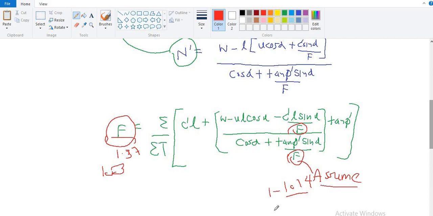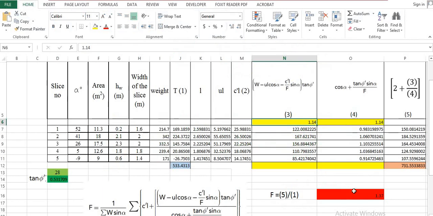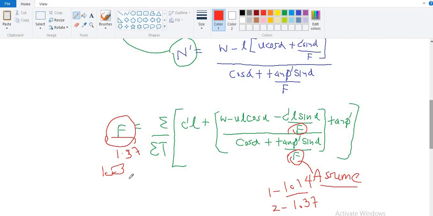This is the first step. In the second step, we use our assumed value as 1.37. Right? So now we have a value of 1.4 as the output in the second step.